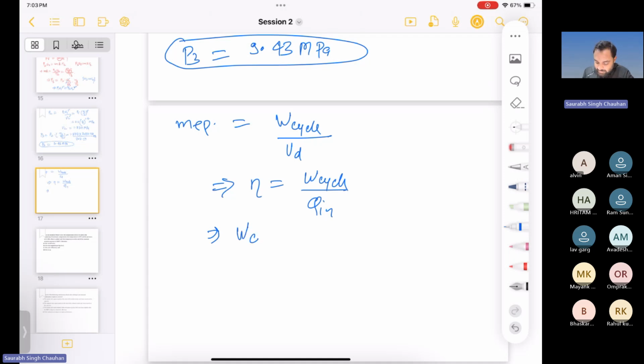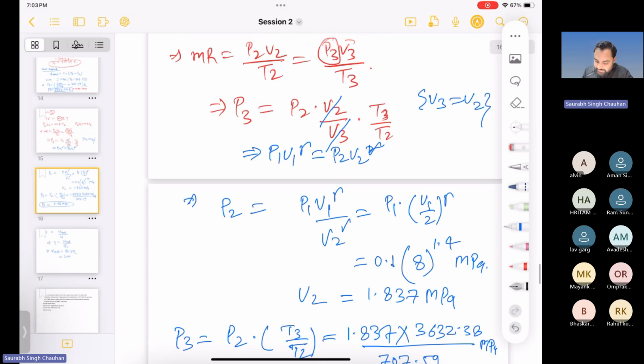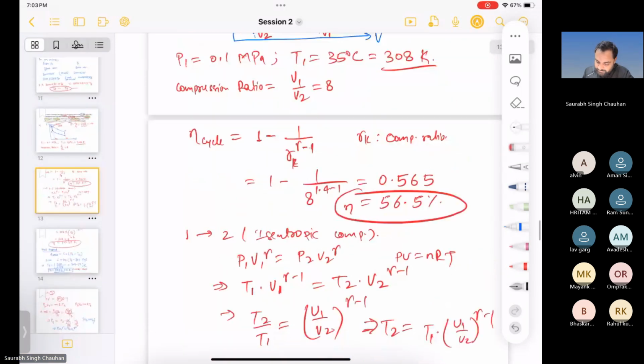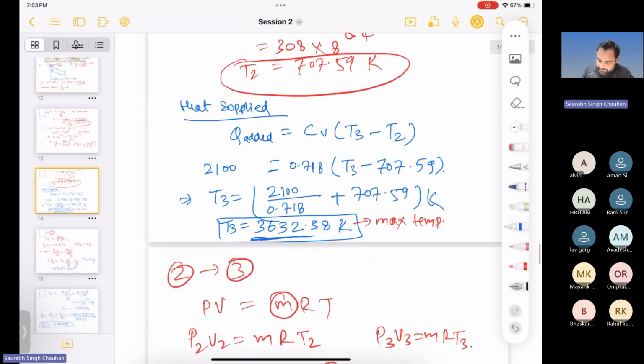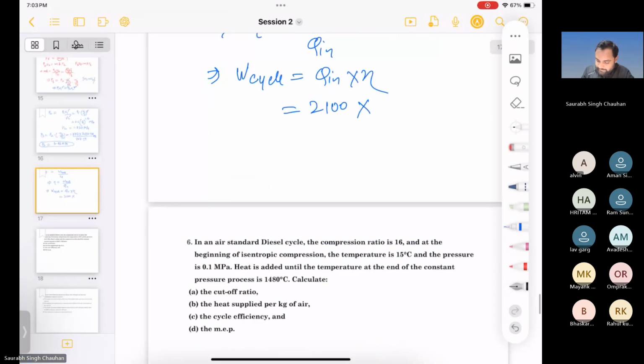So work output of the cycle will be equal to heat input times efficiency. Heat input was given to be 2100 kilojoule per kg and the efficiency was 56.5.